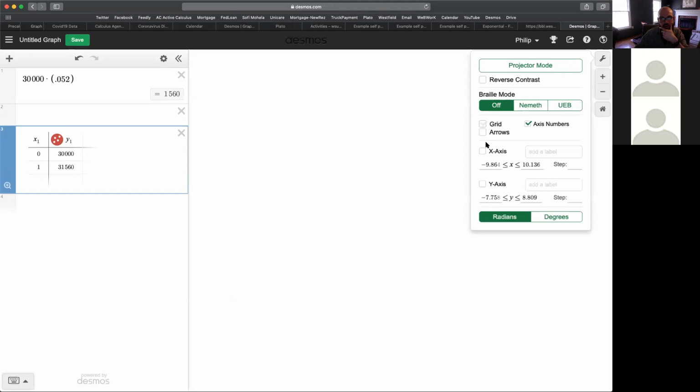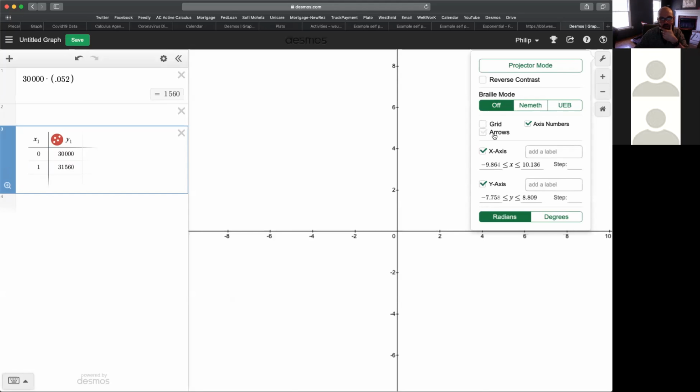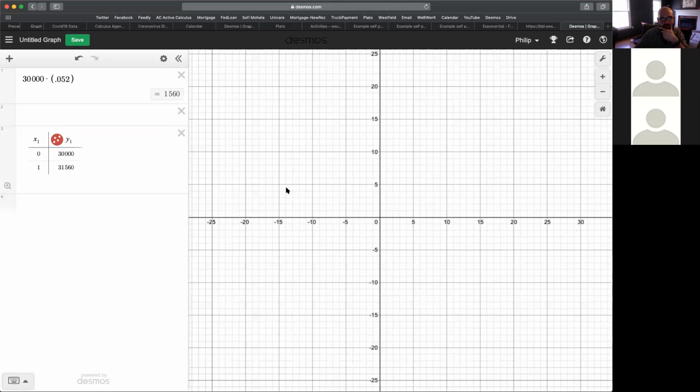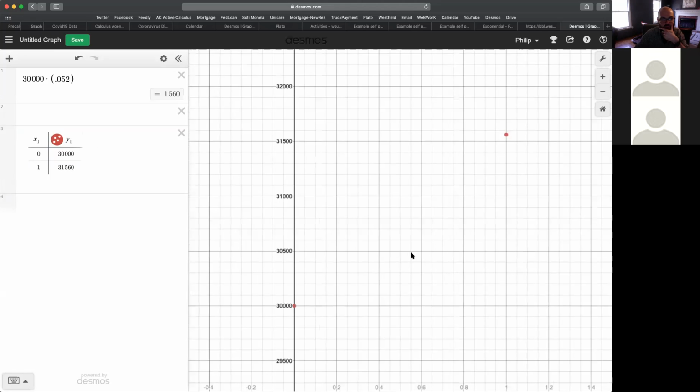So let's put our axes back in here. We have these data points. At year 0, we leave school, we have 30,000, we didn't make any payments. Now we owe 31,560.